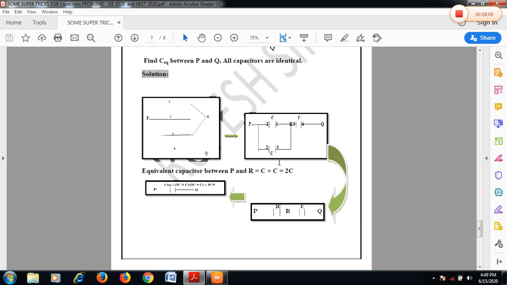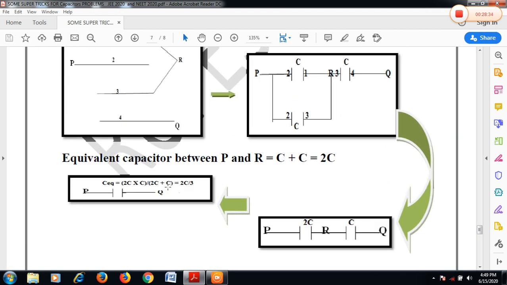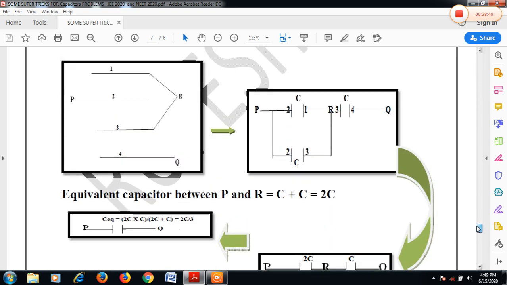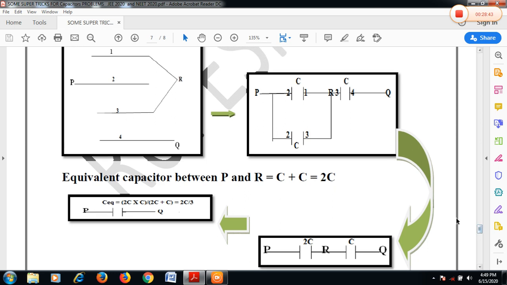But here there is a connection between P and this plate, to this plate, and again this plate to this plate. So how are we having 2C? Now these C and these C capacitors are in parallel combination, resulting in the equivalent capacitance 2C, and this 2C capacitance is connected with this capacitance C in series combination. Now we are seeing this, right?